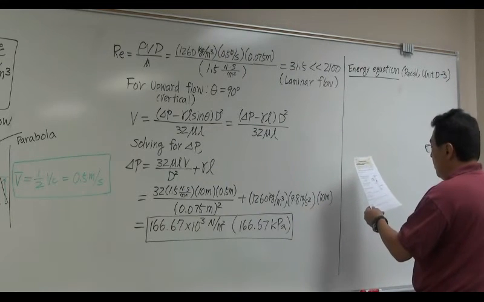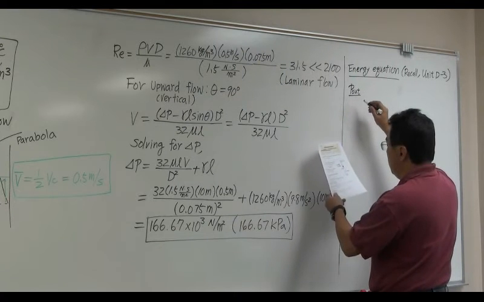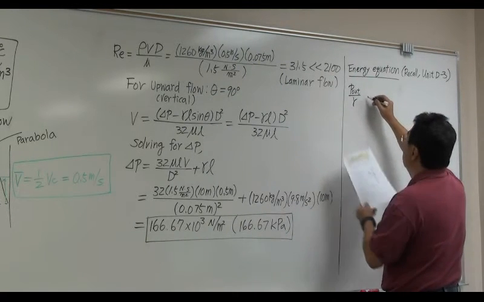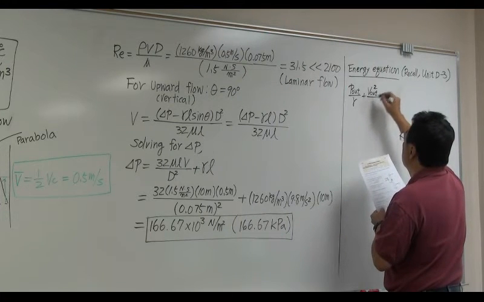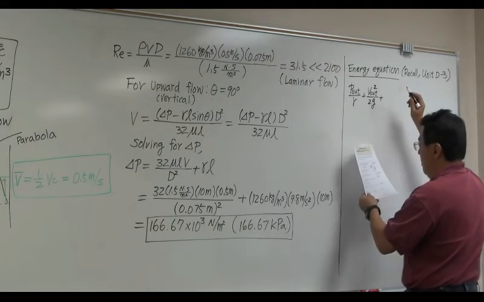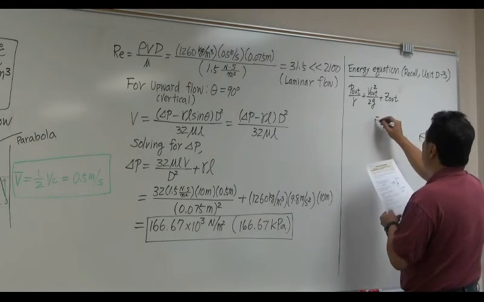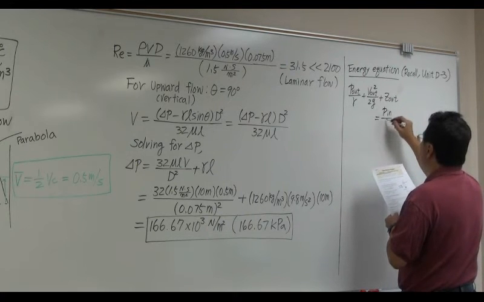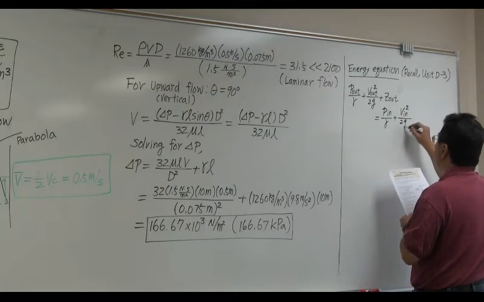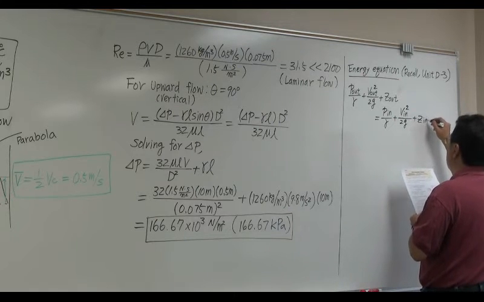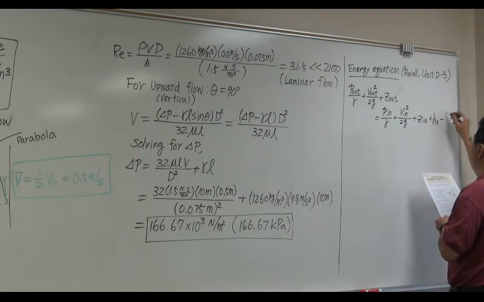Okay, so unit D3, we know that energy equation of a pipe is plus HS minus HL.